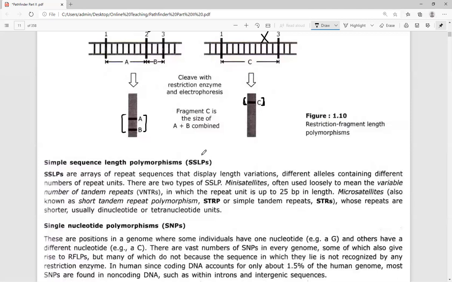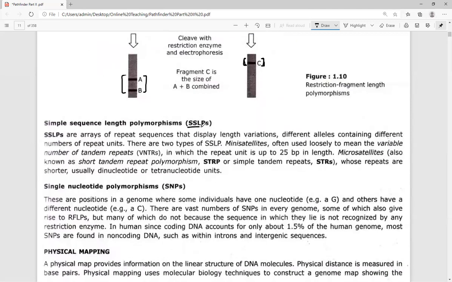Simple sequence length polymorphism. What do you mean by SSLPs? SSLPs refers to simple sequence length polymorphism, referring to DNA sequences which differ from each other on the basis of their minisatellites. Simple sequence length polymorphisms are arrays of repeat sequences that display length variations, different alleles containing different numbers of repeated units.